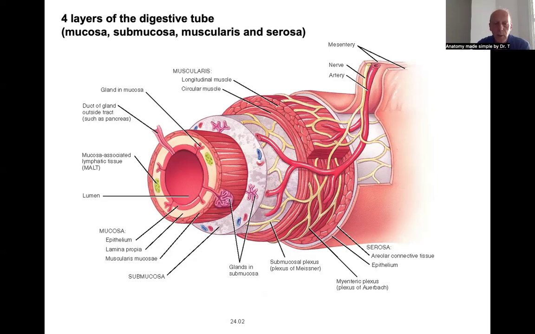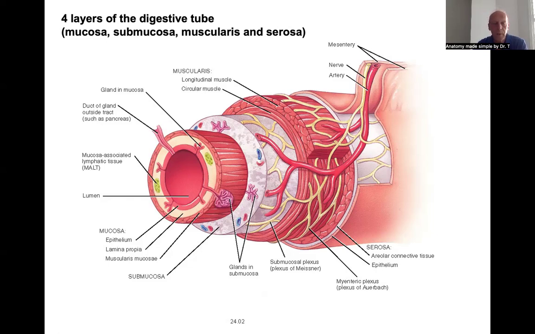Not only is the lumen thrown into multiple epithelial folds in order to increase the absorptive surface, but the epithelial cells that make these folds also have plenty of hair-like projections on their apical parts, called not cilia, but villi and microvilli.